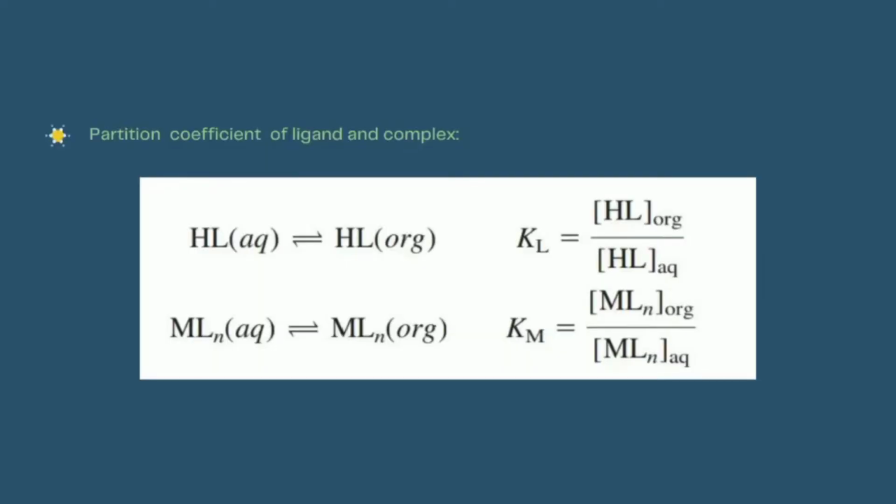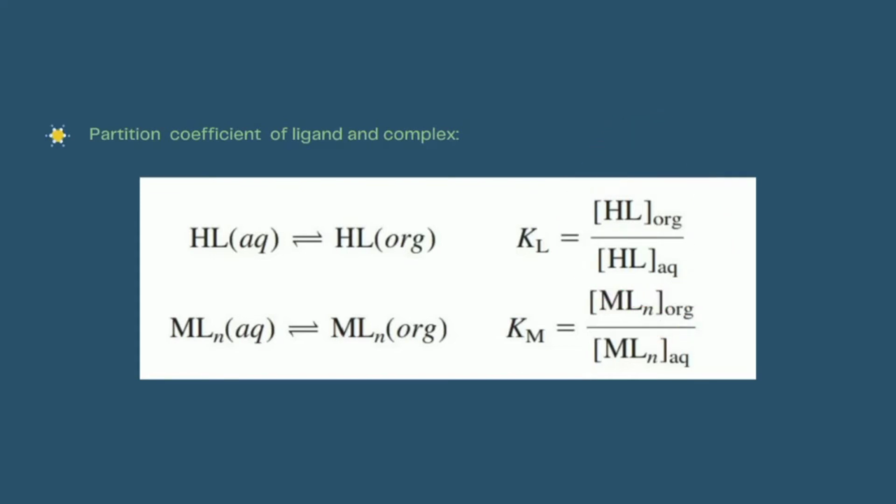The partition coefficients for the ligand and complex are given here. We have the equilibrium between the protonated ligand in the aqueous phase and the protonated ligand in the organic phase. The partition coefficient K sub L is equal to the concentration of our ligand in the organic phase divided by the concentration of our ligand in the aqueous phase, and they are both protonated ligand.